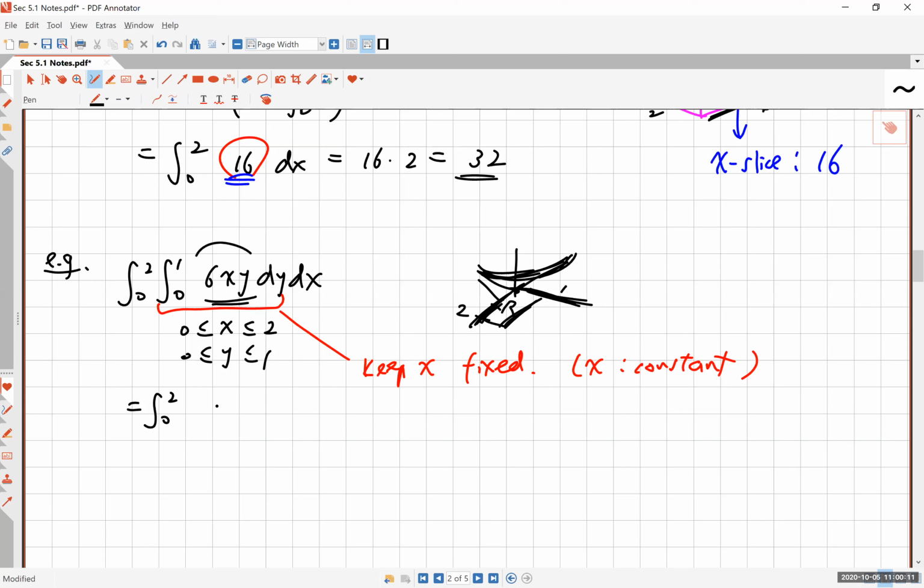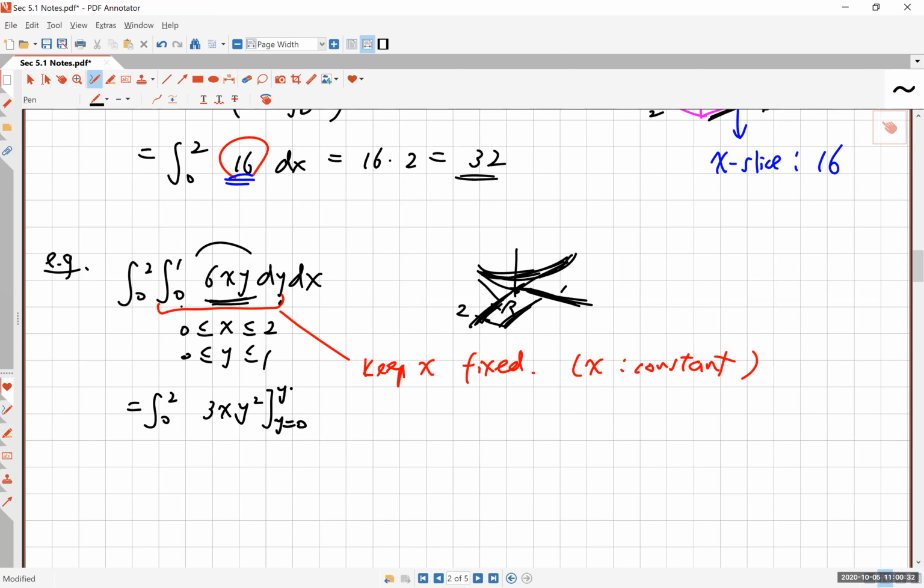What happens when you integrate 6xy with respect to y? Well, x stays the same, 6y becomes 3y squared. So the first part, you get 3xy squared, and y goes from 0 to 1.